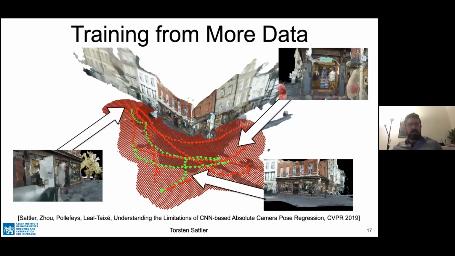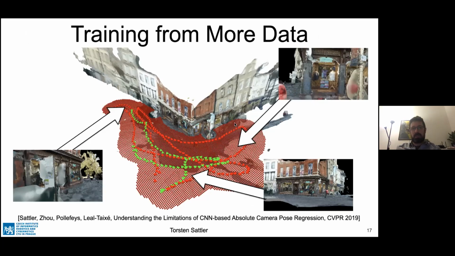Last example that we did was trying to train with more data. So we did a synthetic experiment. Here what you see is the red pyramids are the original training images. Green pyramids are the original positions and orientations of the original test images.